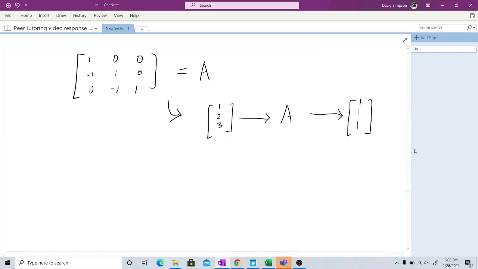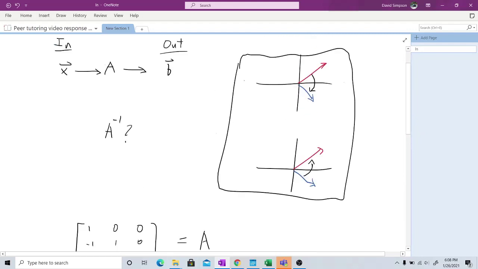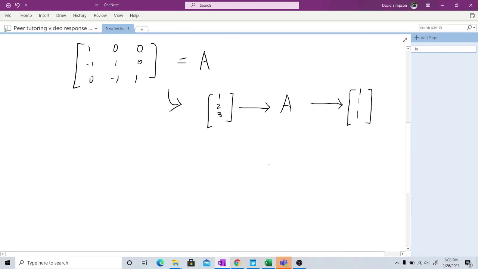Now, thinking about the analogy I made up here, let's try to predict A inverse, right? And we maybe don't know what actual A inverse looks like yet, so these numbers we may not know.